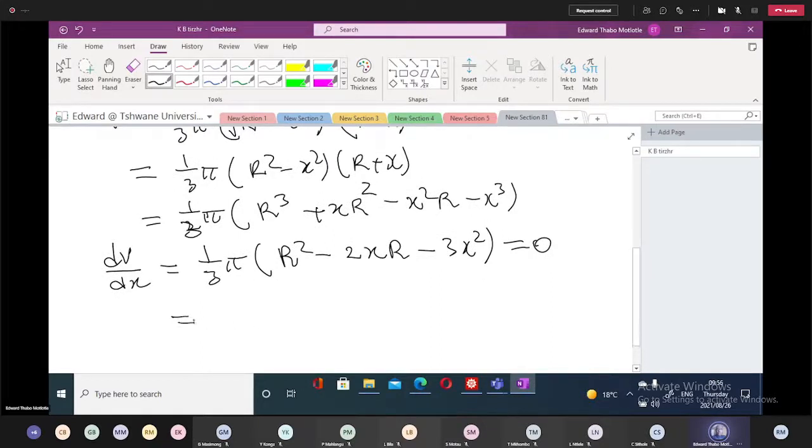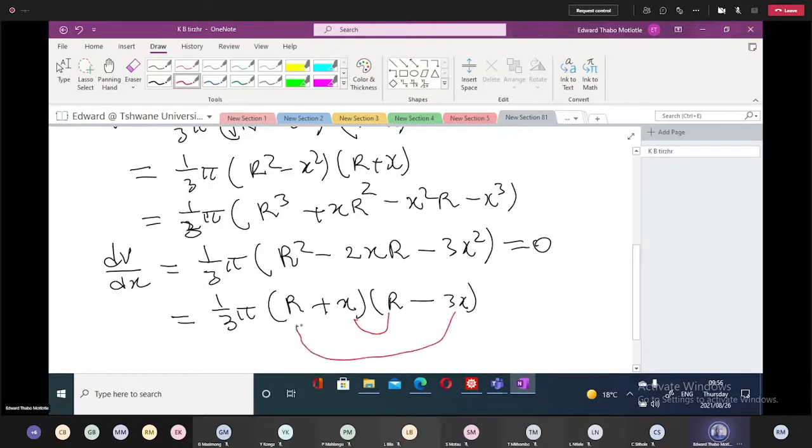So here, you factorize, with 1 over 3 pi outside. Now we have R, and here is R, 3x, and x. We want the bigger one to be negative, so this will be positive, and this will be negative. Now we can check if we get the middle term. The inner and the outer must give us the middle term.